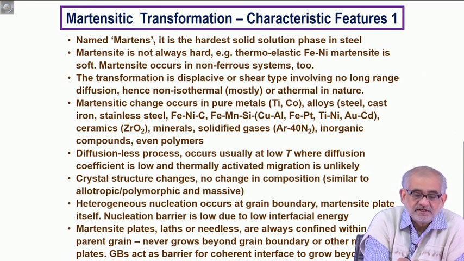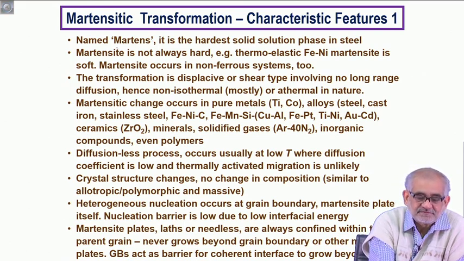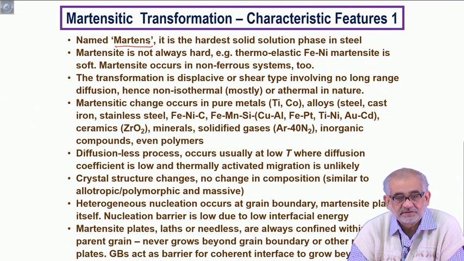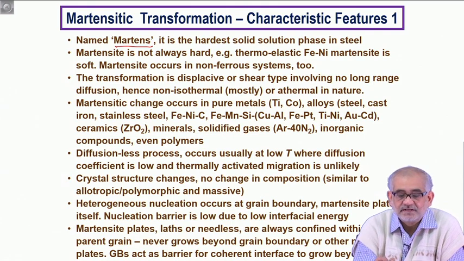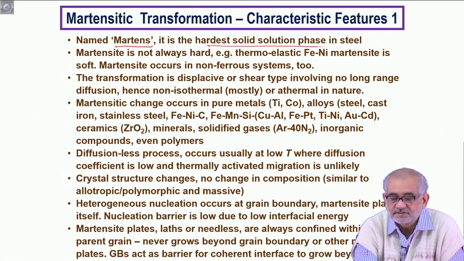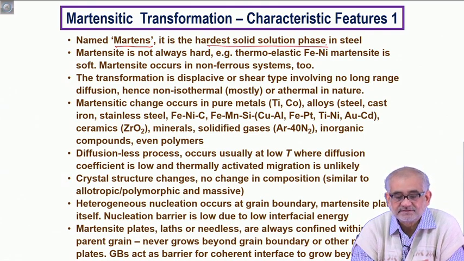First of all, the name martensite comes from the German scientist and metallurgist who first proposed the existence of martensite in steel because of fast quenching. It is the hardest solid solution phase possible in steel.